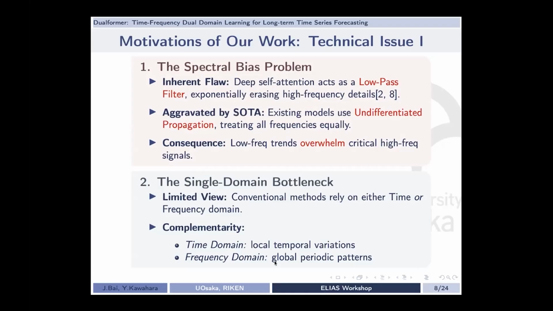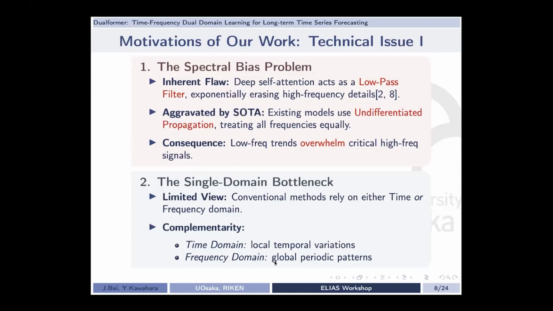So we argue that it happens because conventional transformers treat all frequencies exactly the same as they move through layers. So those big patterns, like long-term trends, which always contain much more energy, can naturally dominate the attention scores, so that eventually the high frequency details fade away.